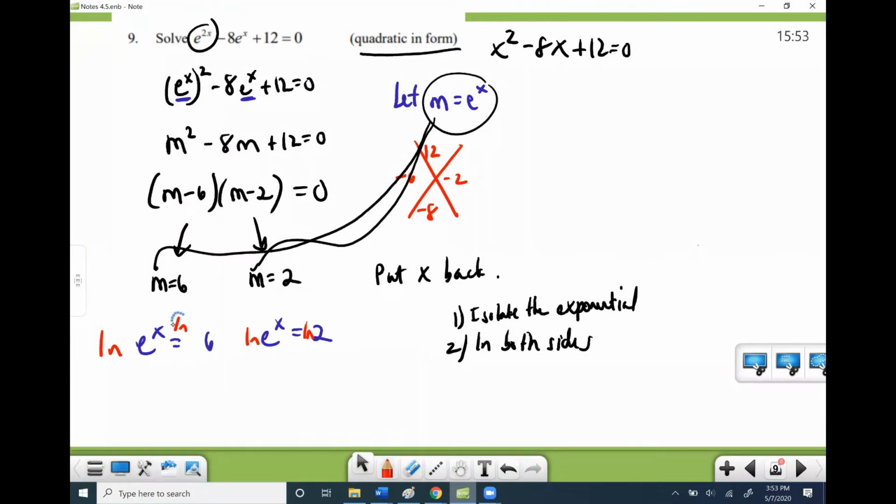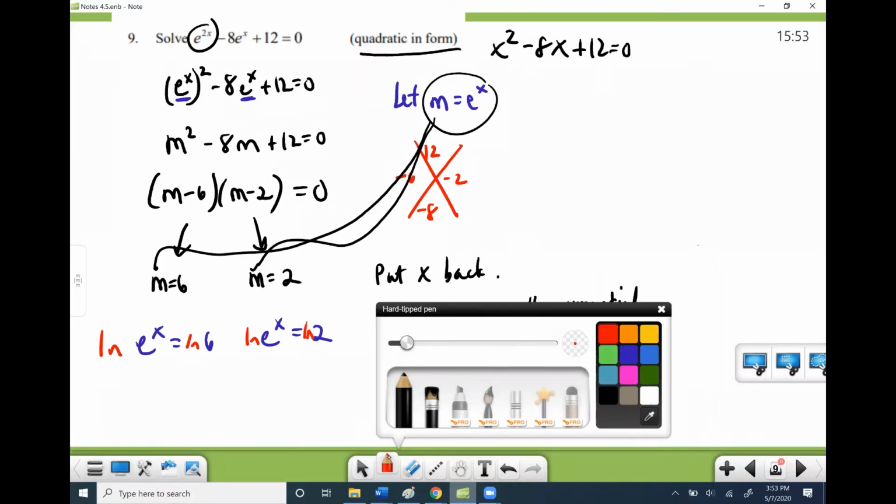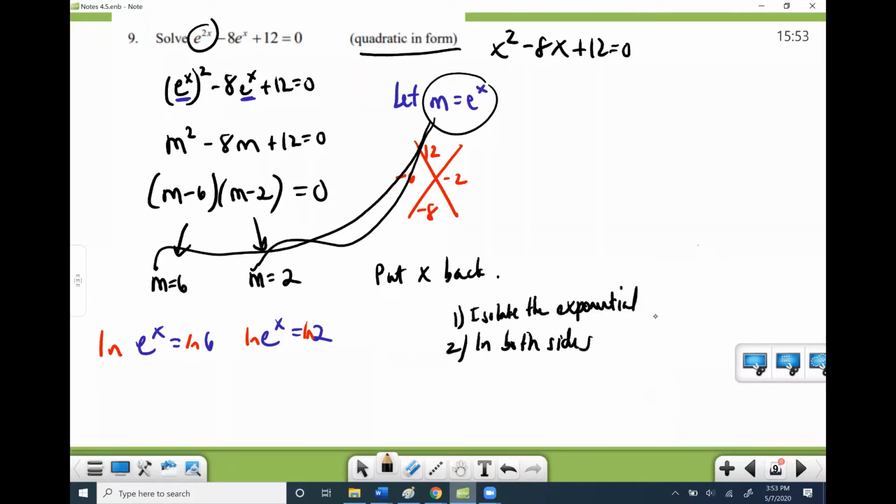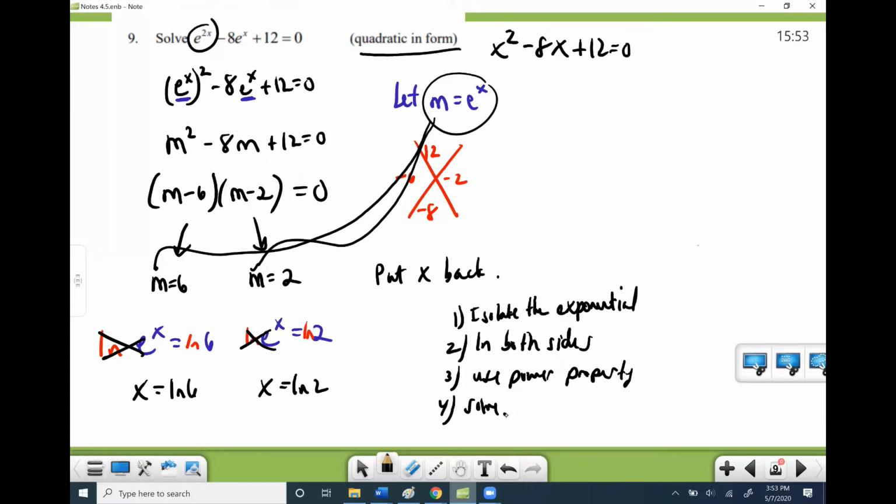Forget about that sometimes. There we go. Okay, so we log both sides. And we know natural log of e, they cancel each other out, right? So we don't even have to use the power property on this. It's just x equals natural log of 6. We got lucky on this one. They just cross off, huh? Okay, so we didn't really have to use the power property. And then, solve. Okay. So these are going to be our two answers. Let me box these guys.